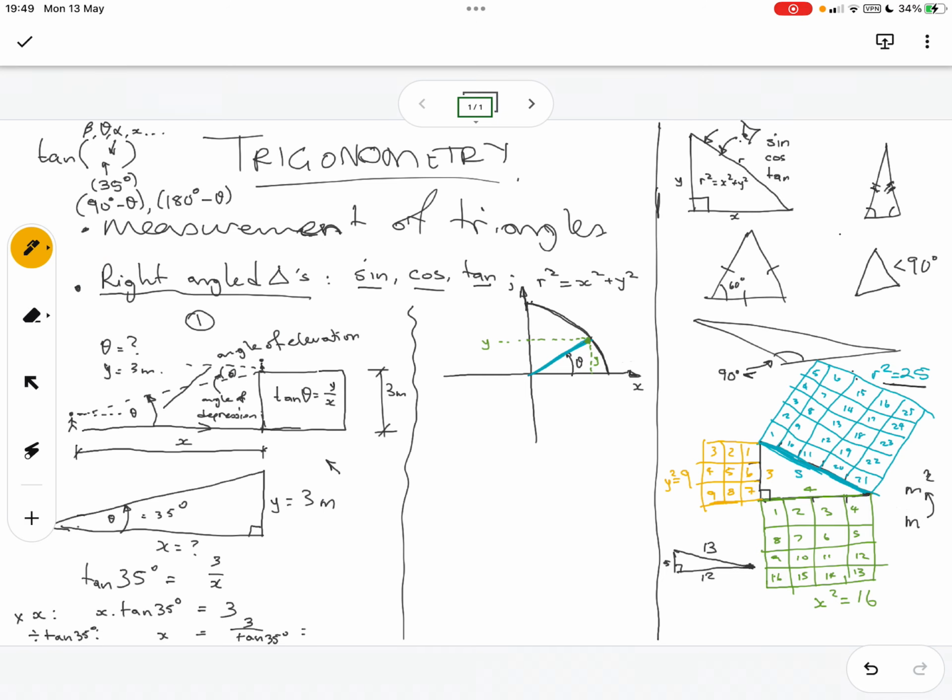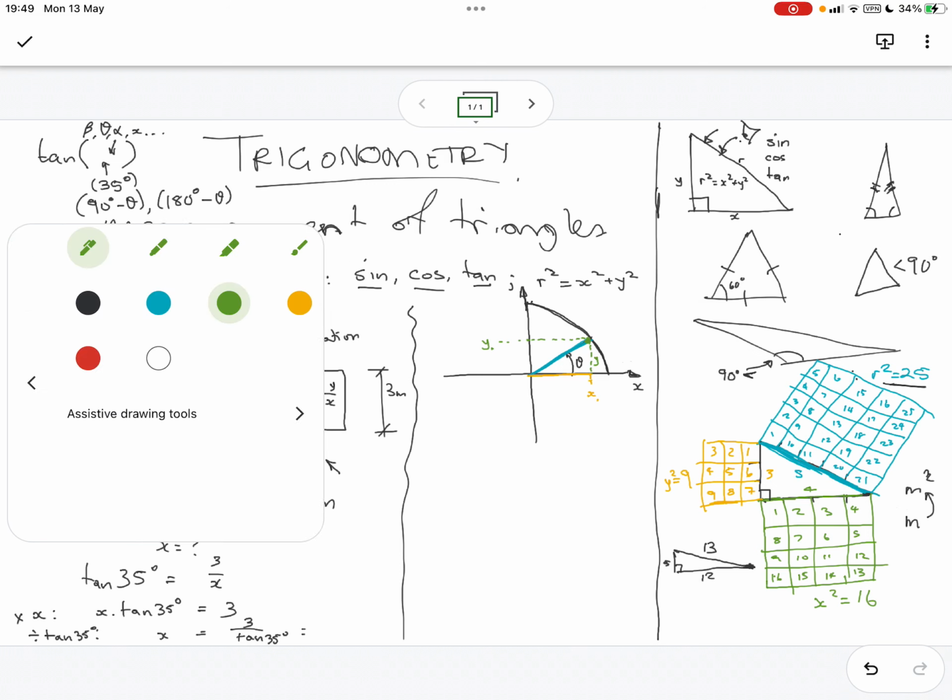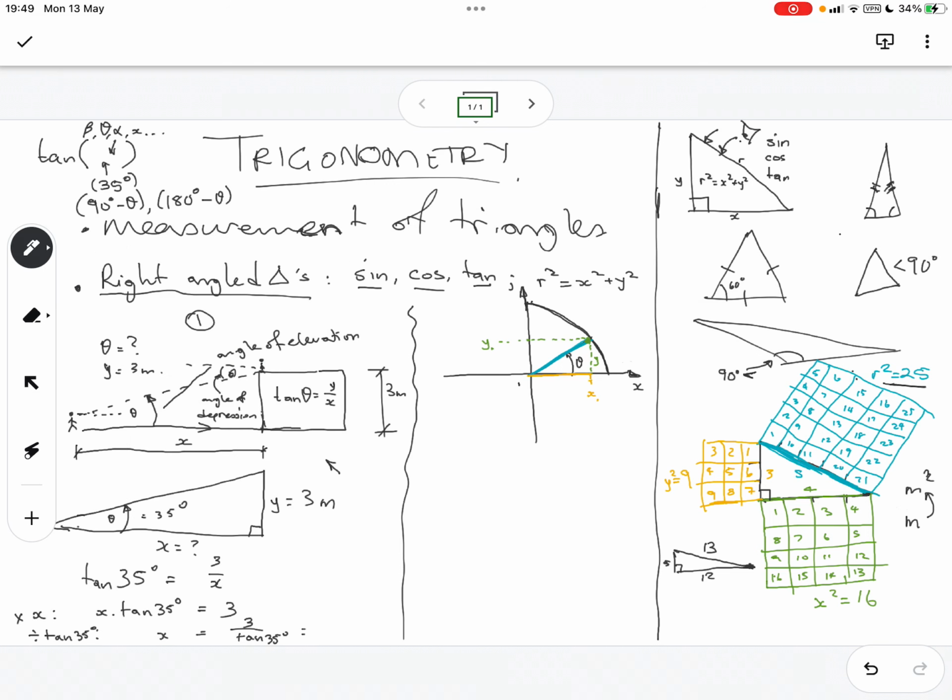And then by extension, where that green line is formed, that vertical line intersects the x-axis. Where that vertical line intersects the x-axis, that gives us a distance that corresponds to a certain x value, and that x value gives us a distance from the origin to, I guess, the point where a right angled triangle is formed.